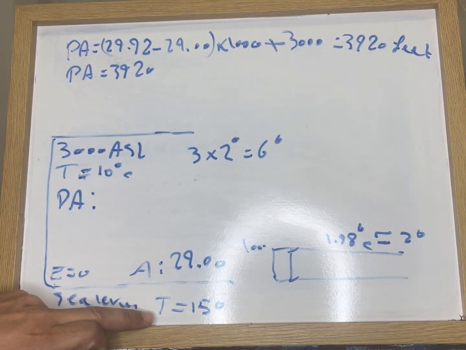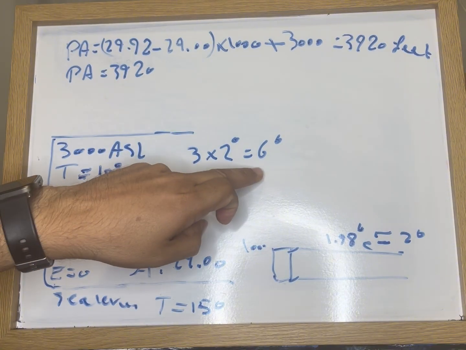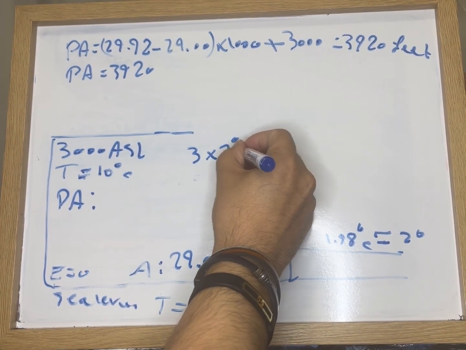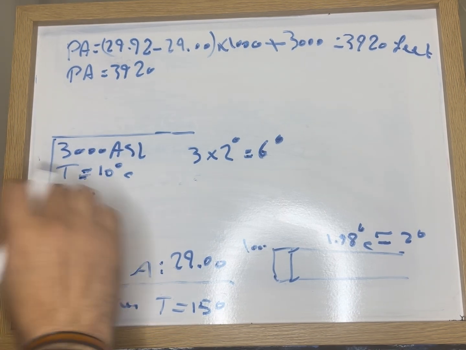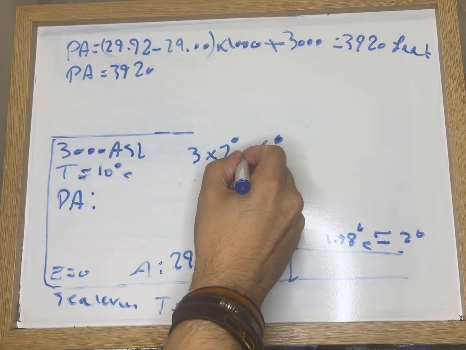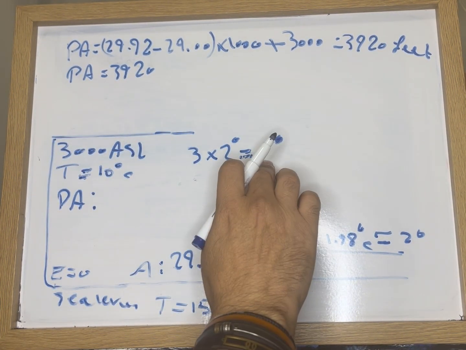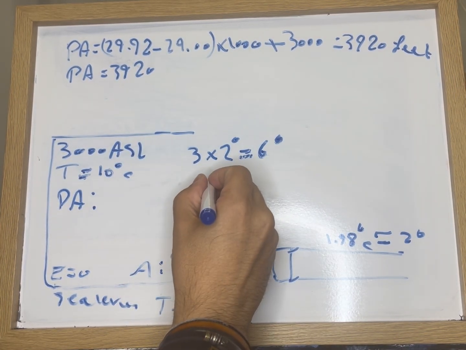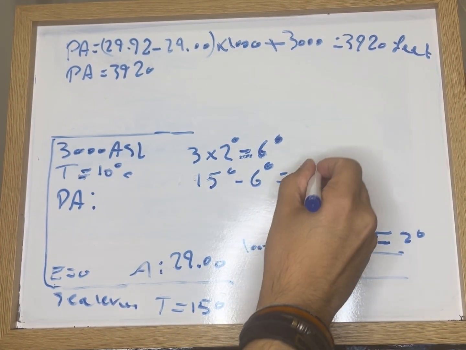So the standard temperature at 3000 feet is decreased by 6 degrees from the standard sea level temperature. 15 degrees minus 6 degrees equals 9 degrees.